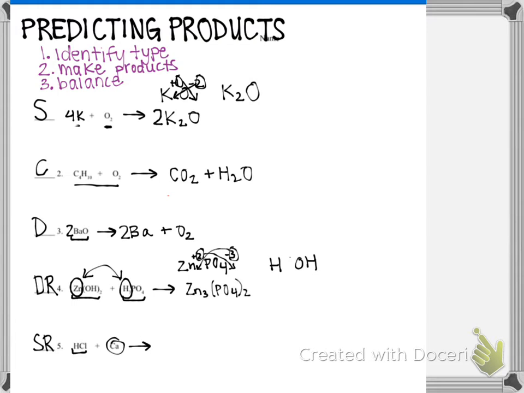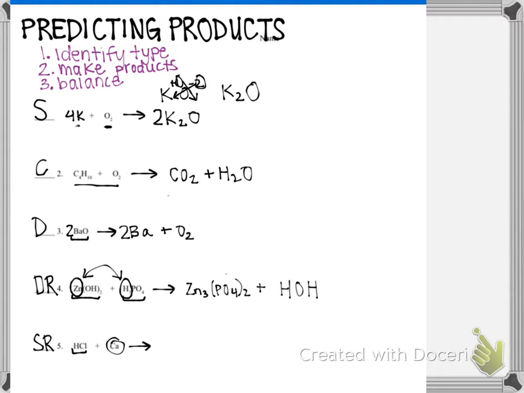You have 2 of them, and so because it's a polyatomic, make sure to put it in parentheses. Plus H is a +1, OH is a -1, and so those cancel out, so it's just HOH. Now if we go back to balance it, let me erase this part because that's not in our equation. We just needed to write that to figure out our compounds.